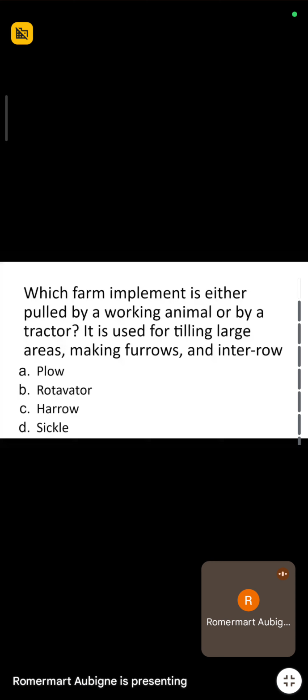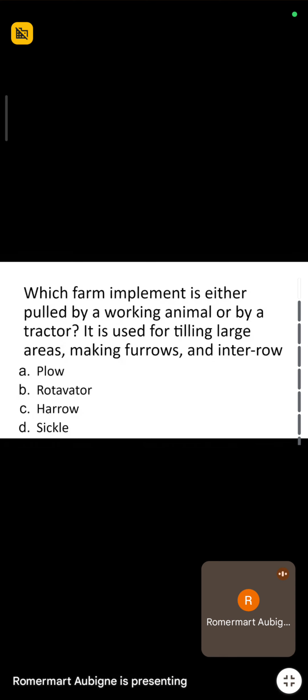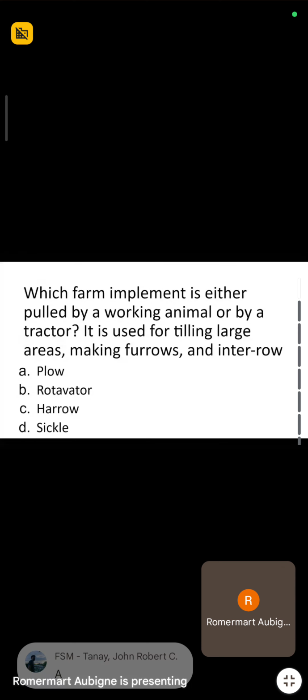So next, which farm implement is either pulled by a working animal or by a tractor? It is used for tilling large areas, making furrows, and interrows. Ano pong sagot natin dito? Which farm implement?